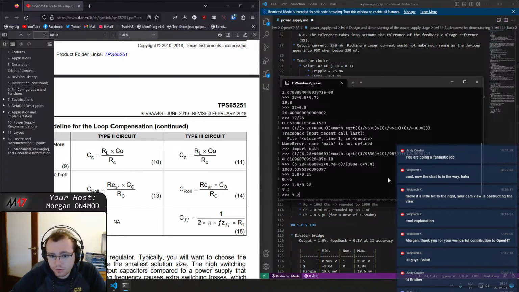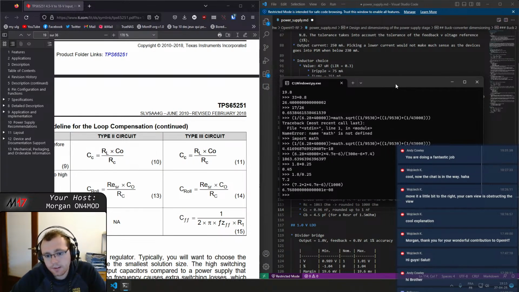So then 7.2 times 2 times 4.7 e to the minus 6 divided by RC, which is 1000.